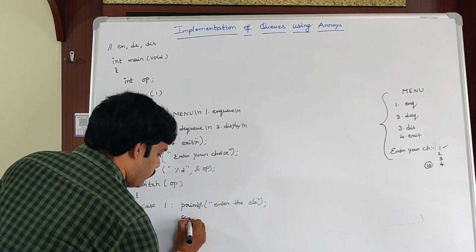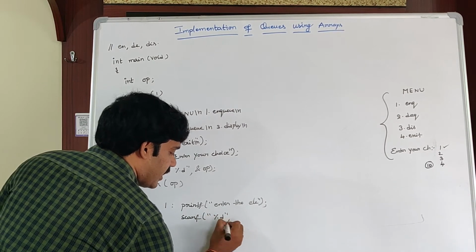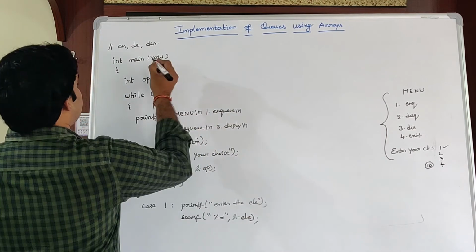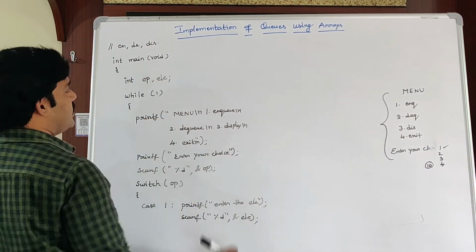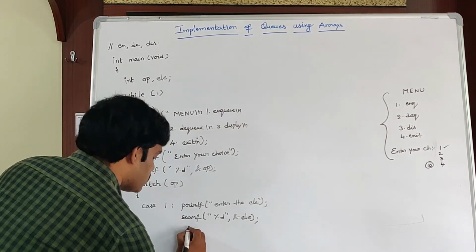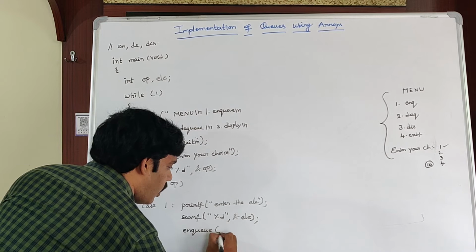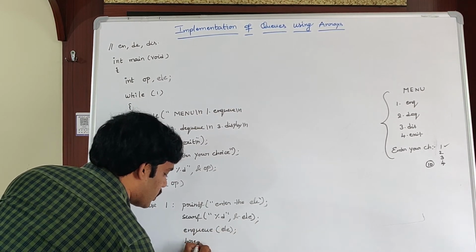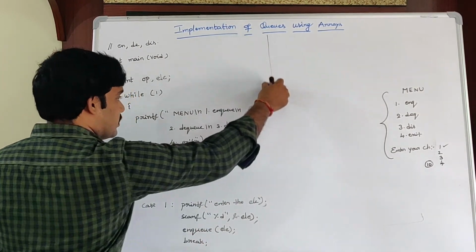So scanf %d comma ampersand ele. So declare one more local variable ele also. Next, call NQ function, NQ of ele. Next, break. To come out of the switch block, I am using the break statement.